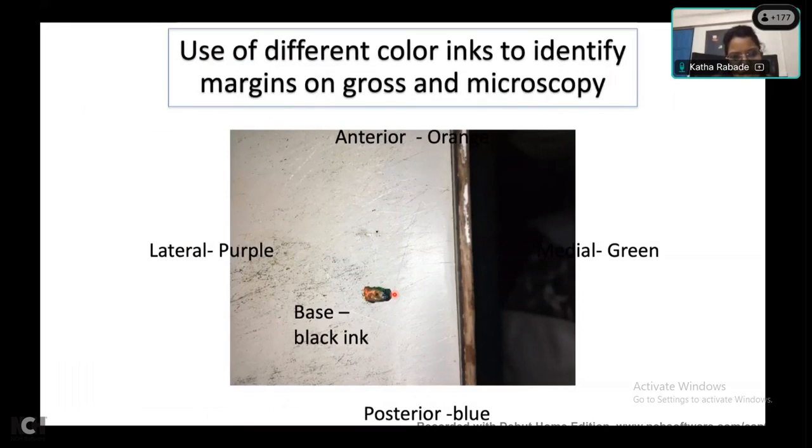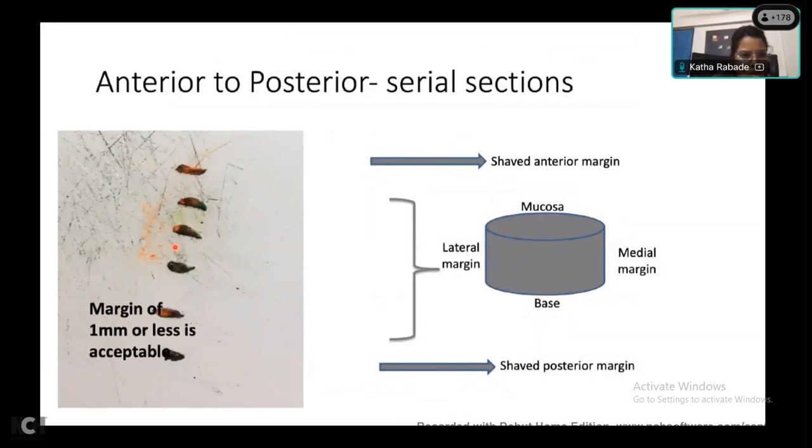The specimen is serially sliced and submitted entirely. So this was the specimen submitted from the anterior to the posterior aspect. This is the green medial margin and the orange lateral margin. This is the anterior part and posterior part.